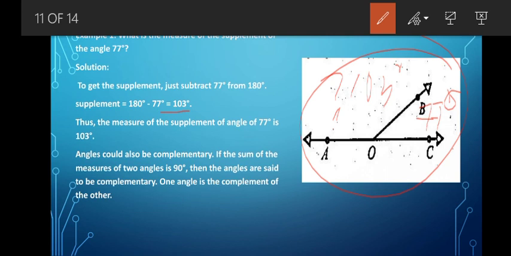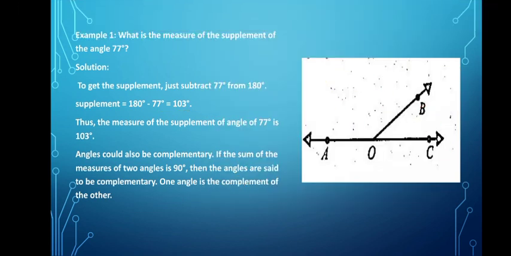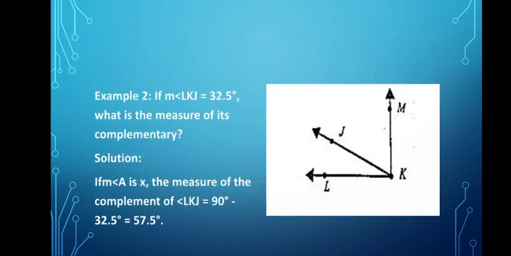Paano natin malaman yung complementary? We can identify complementary angles if the sum of the two angles is equal to 90 degrees. Dito sa example, complementary naman tayo.